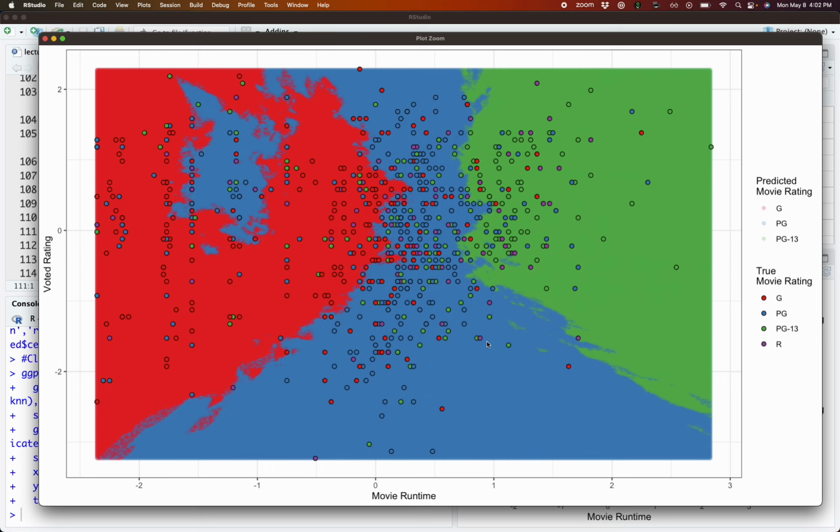Actually, you can imagine if I have K equals the number of data points, what would the prediction be? It'll be one color, whichever data point is the most prominent, which I think is probably blue.